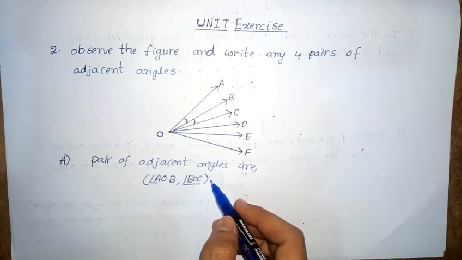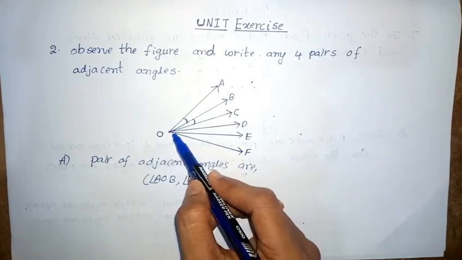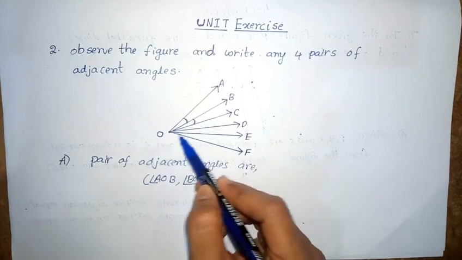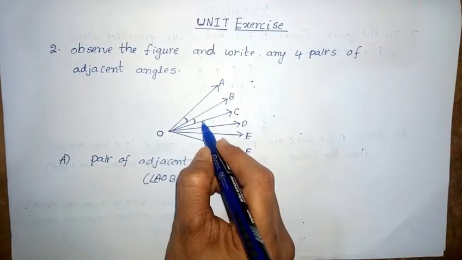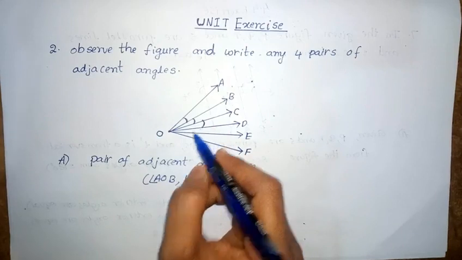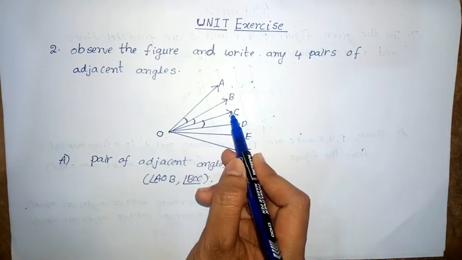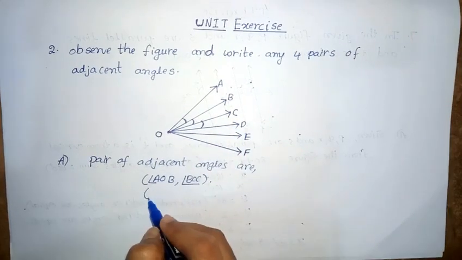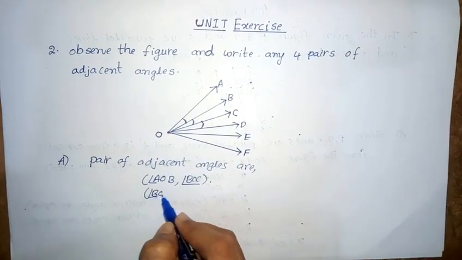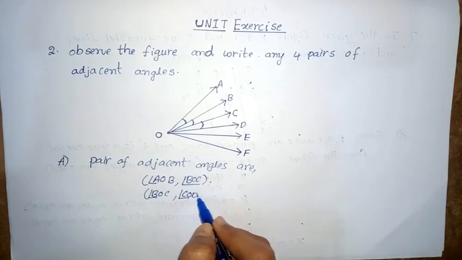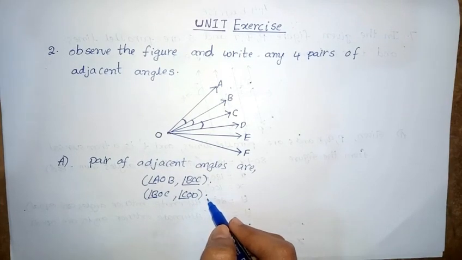Next, this is angle BOC and angle COD. These two also have common vertex O and common ray OC. So angle BOC and angle COD are also a pair of adjacent angles.